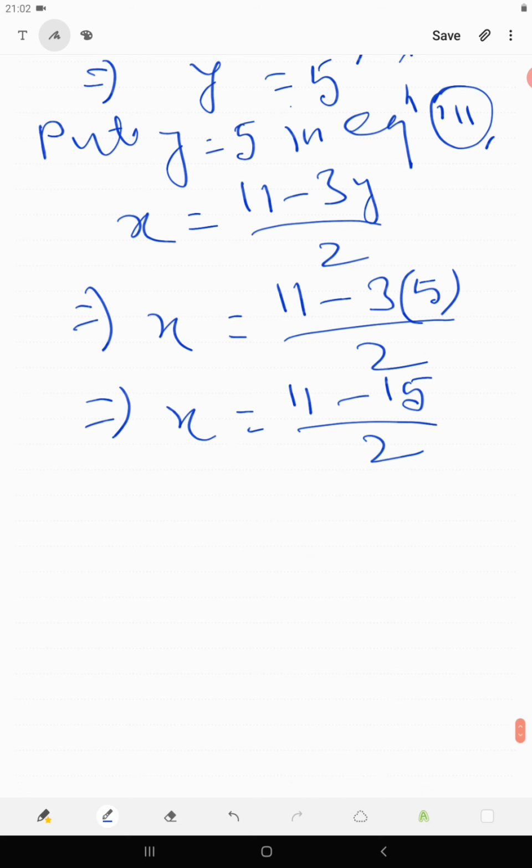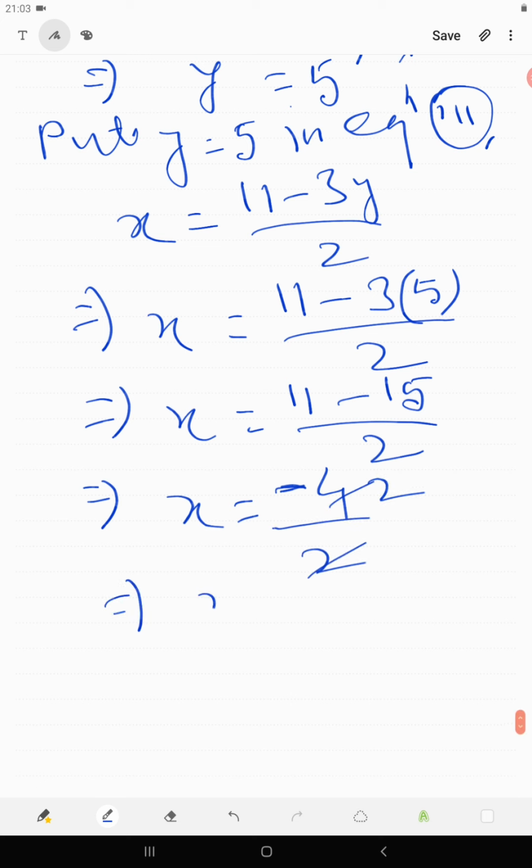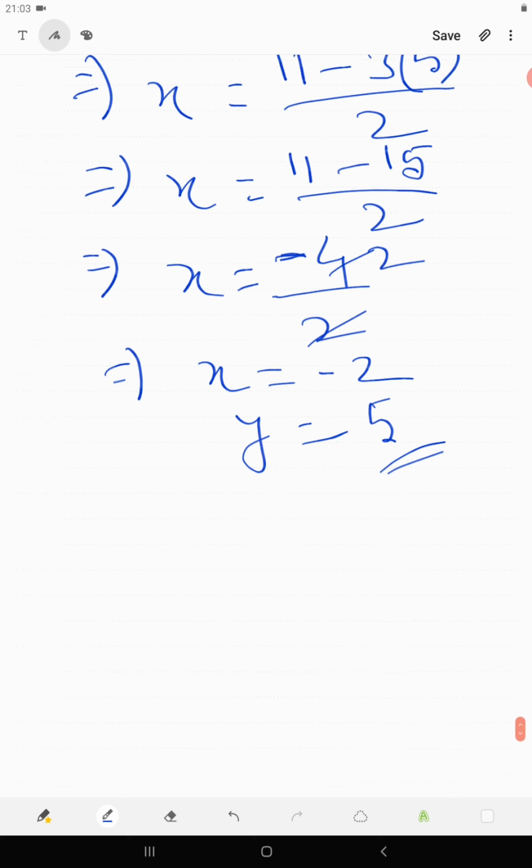Okay. So 11 minus 15 equals, now see here, what is the bigger number? Since it is of opposite sign, we need to see the sign of the bigger number, minus. Now subtract the smaller from the bigger. 15 minus 11 is 4. So minus 4 by 2. So 2 2s are 4. So we got x equals minus 2 and y equals 5. This is the solution. Now go to the next part.